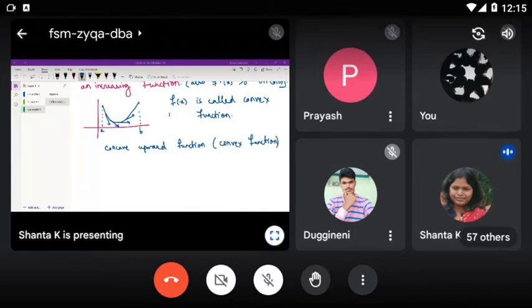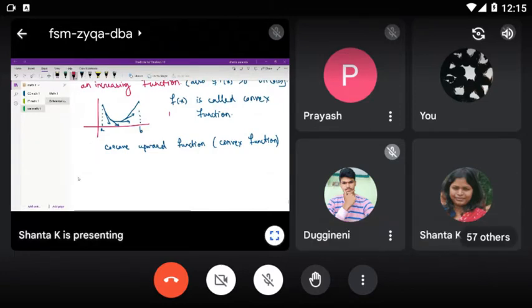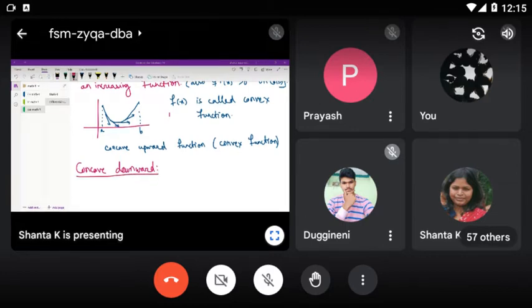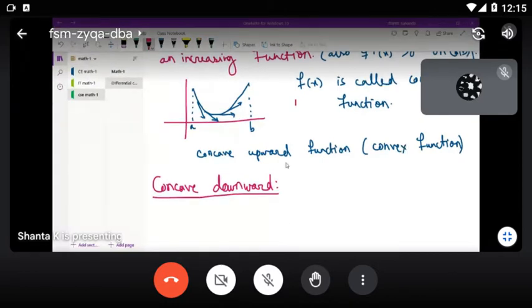Okay, next we will see the concave downward. Just the opposite, f(x) is concave downward if and only if f dash x is a decreasing function. Okay, like you did here.